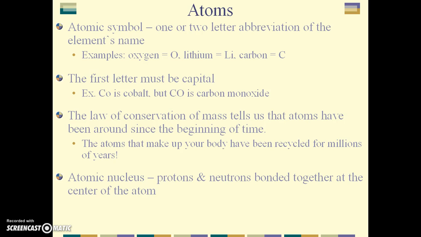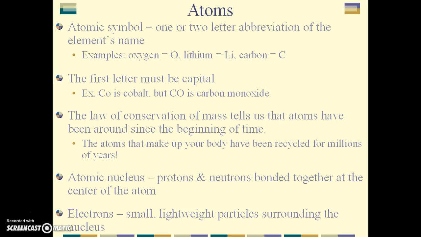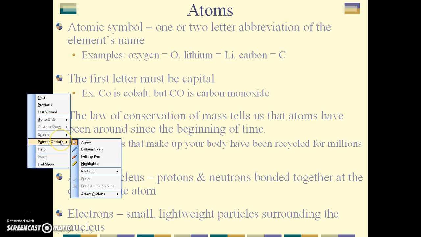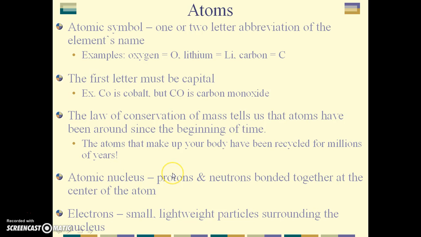In the atomic nucleus, protons and neutrons are bonded together at the center of the atom, and the electrons are small, lightweight particles surrounding the nucleus. If you don't know this already, you should know the charges of each of these.